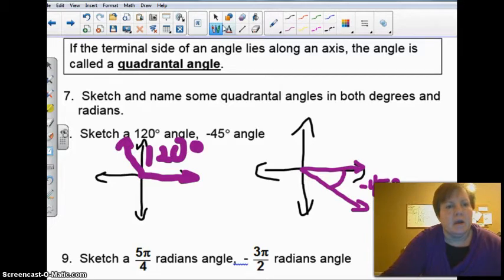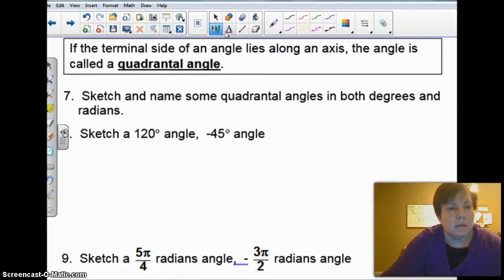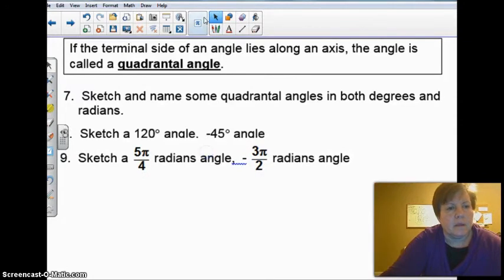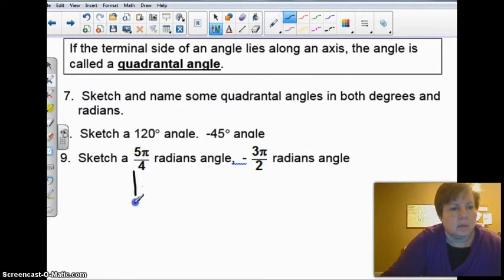Not too bad. All right, the last question is to sketch the 5 pi over 4 radians and negative 3 pi over 2 radians angles. Okay, let me get rid of that. First thing I want is my axes.